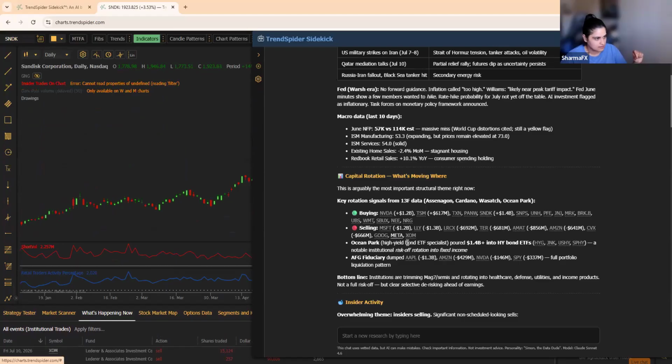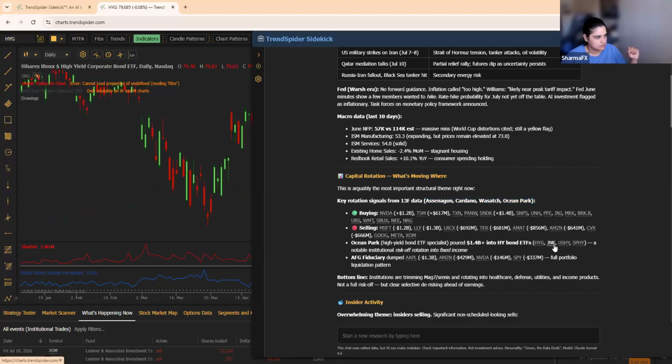A lot of selling right here as well, and it's very specifically from these funds here, which are the bigger players. Of course, there are other funds who are constantly buying and selling, but these are the bigger ones. And then here, Ocean Park is a high yield bond ETF specialist, and they have poured about 1.4 billion into high yield bond ETFs.